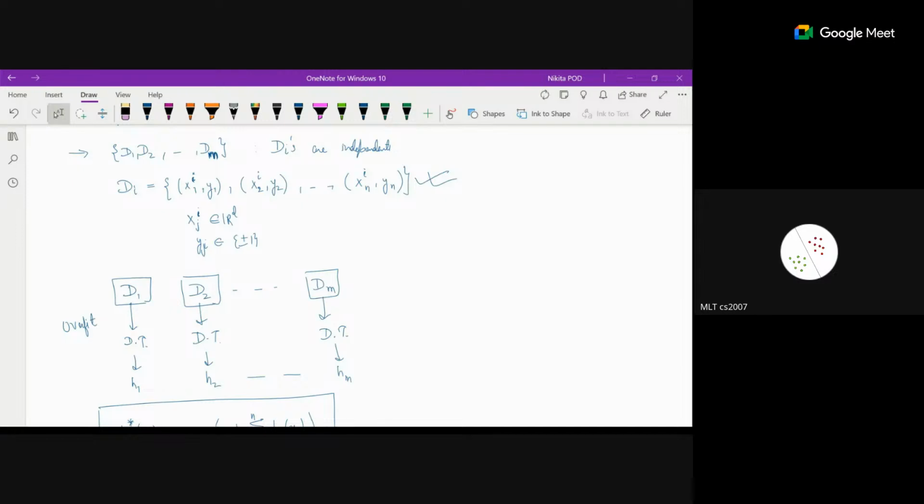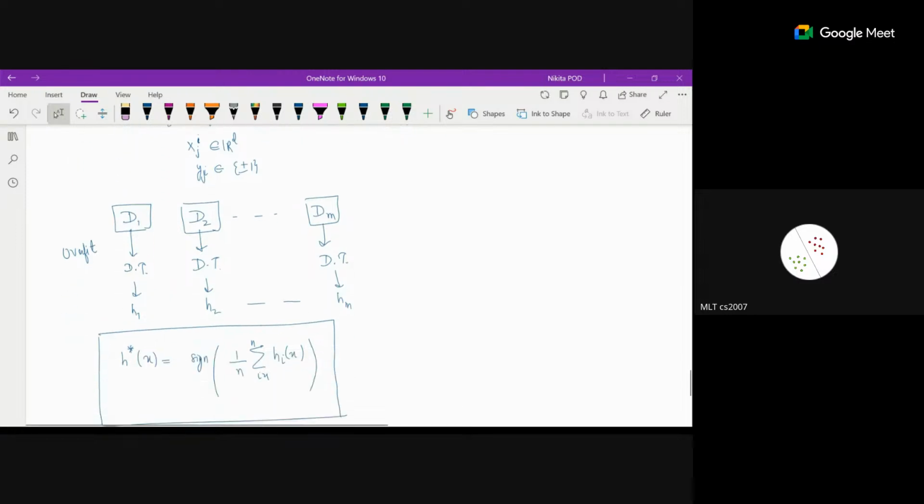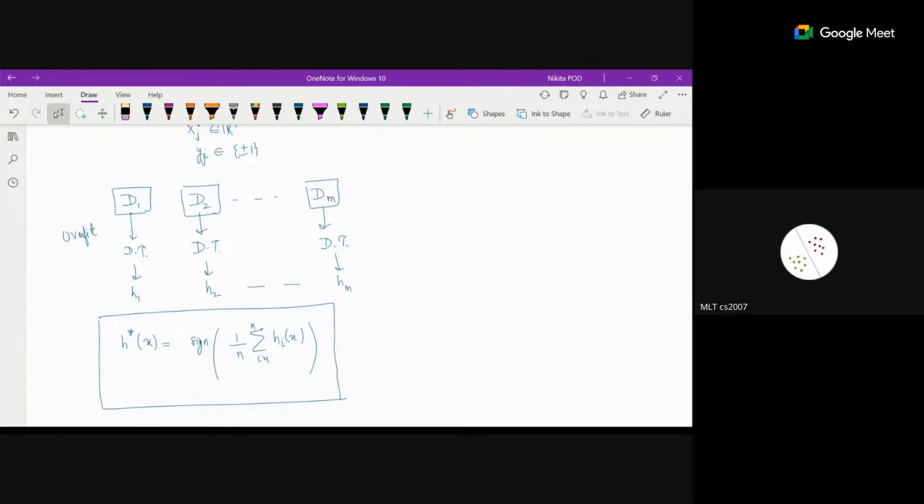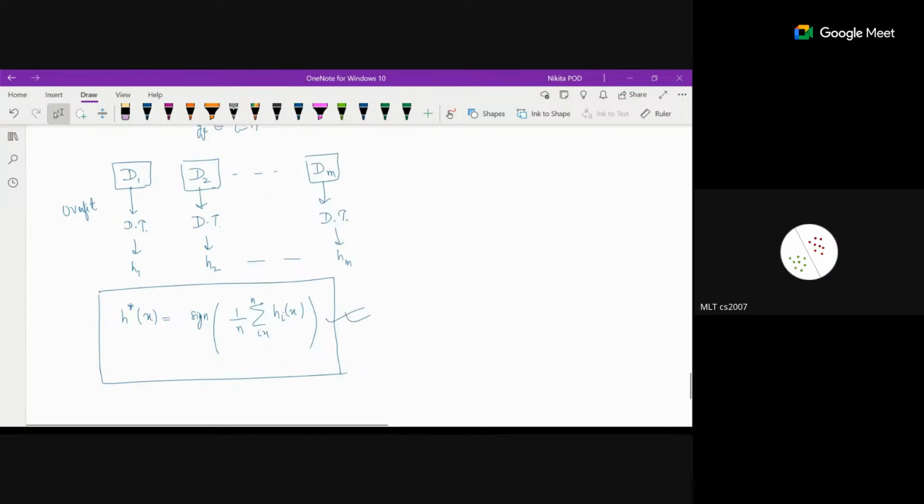We got these classifiers which were overfit decision trees, and we aggregated all of them. We took the average and it should reduce my variance.